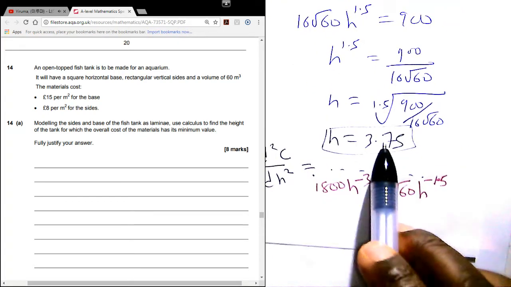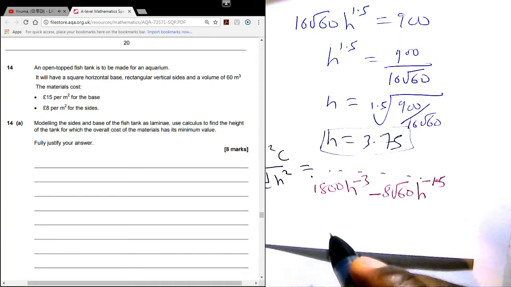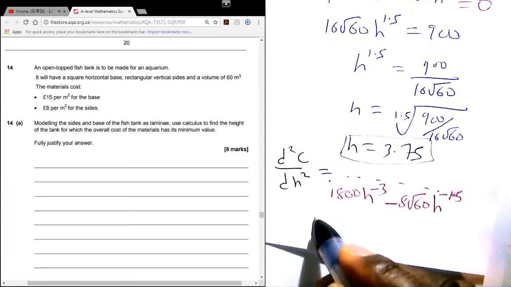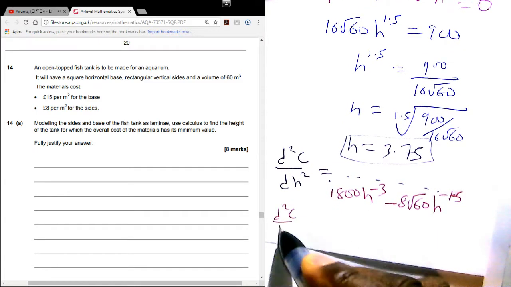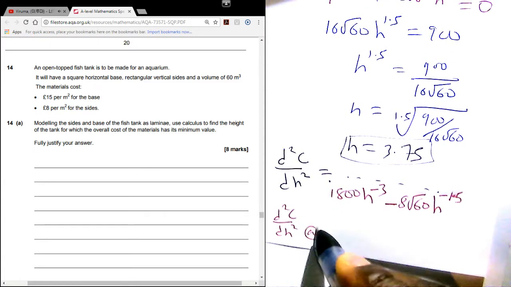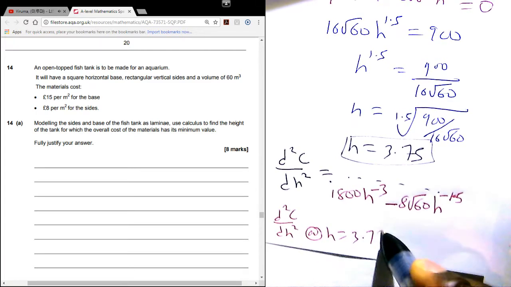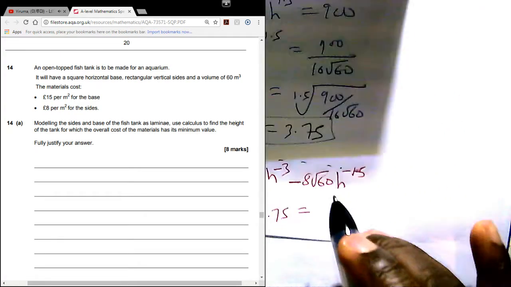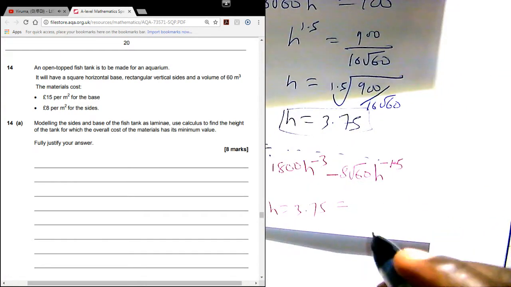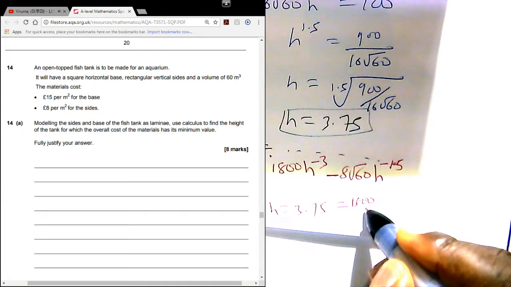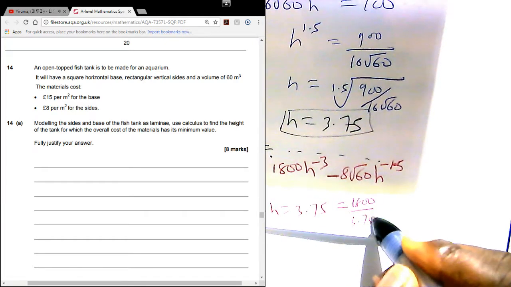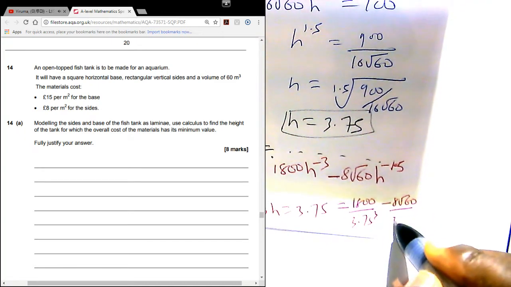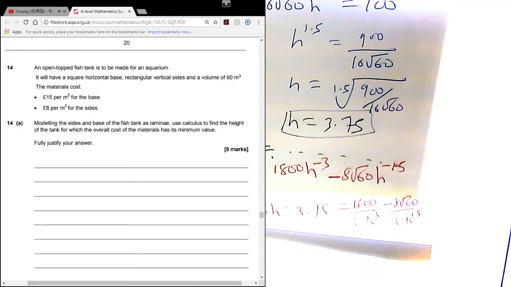We need to slot in 3.75 as the h. So if we are to do that, we would get d squared C/dh squared at h equals 3.75 will be equal to, and then of course with our calculators we can always do this, so 1800 over 3.75 cubed minus 8 root 60 over 3.75 to the power 1.5.